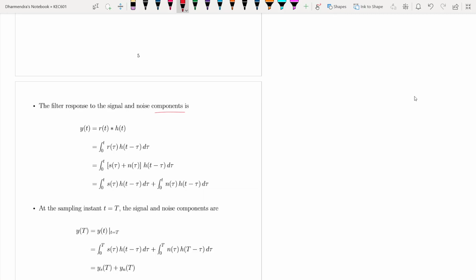So y of t will be the convolution of r of t with h of t. That can be written like this: integral from minus infinity to plus infinity of r of tau h of t minus tau d tau. Already explained. Now substitute r of tau with s of tau plus n of tau, because r of t is s of t plus n of t.